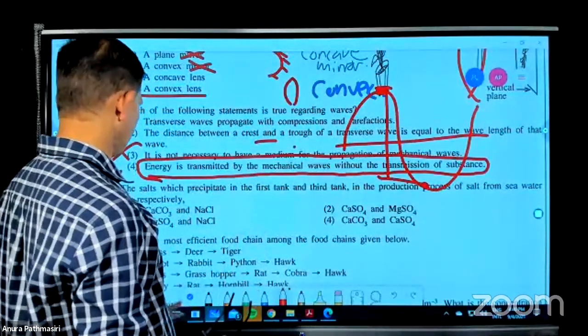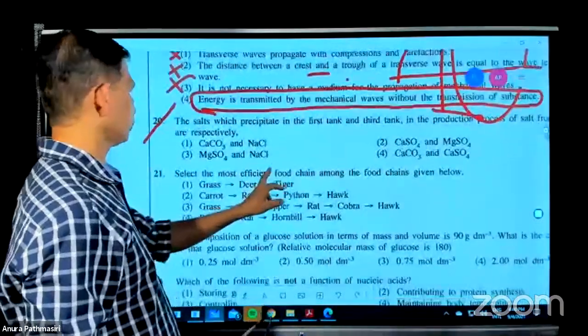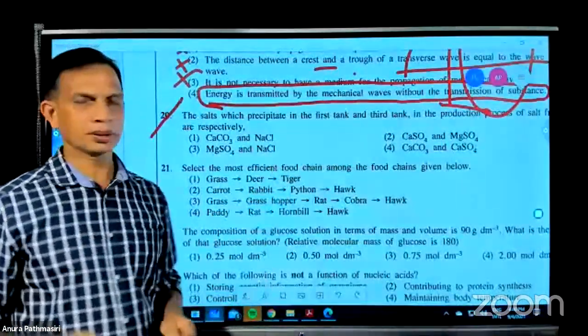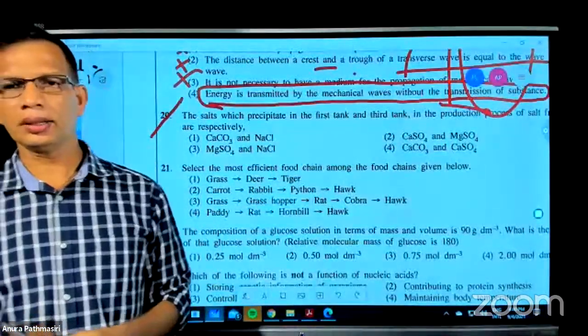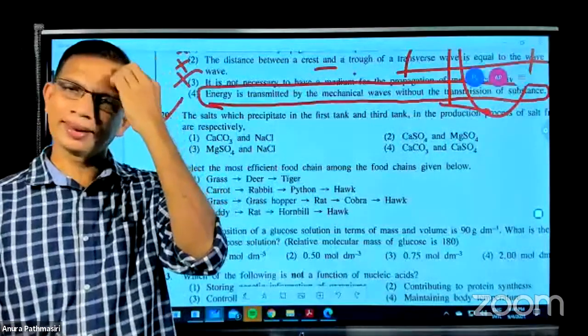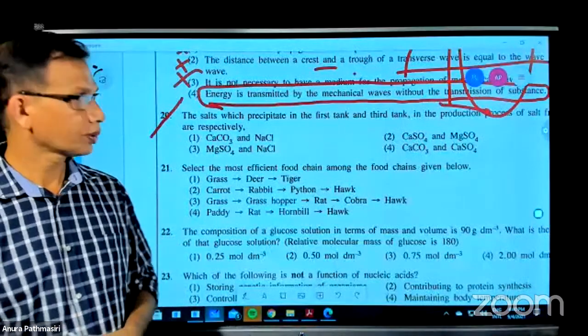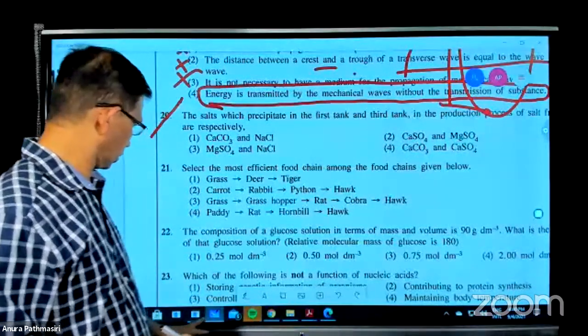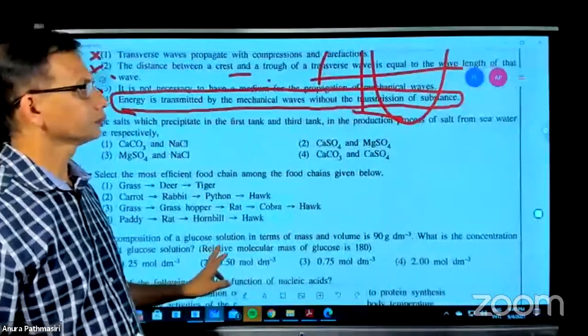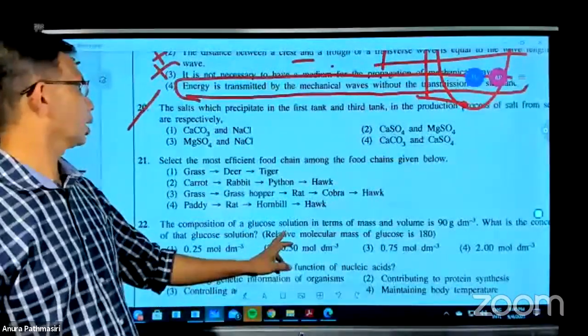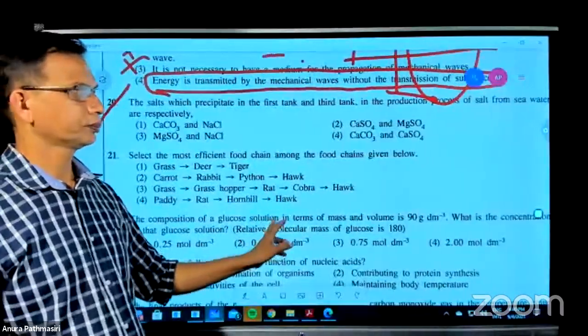The salts which precipitate in the first tank and the third tank in the production process of salt from sea water are respectively.